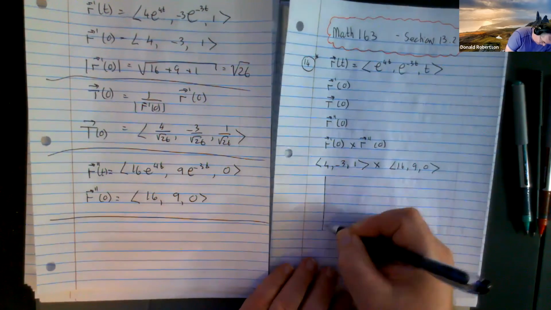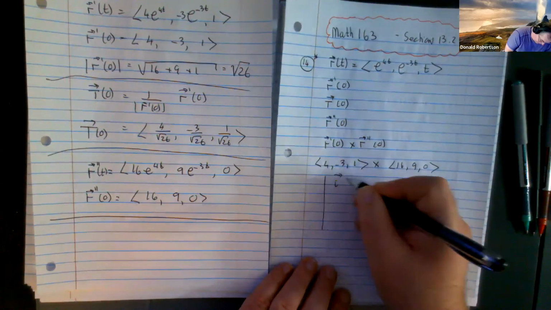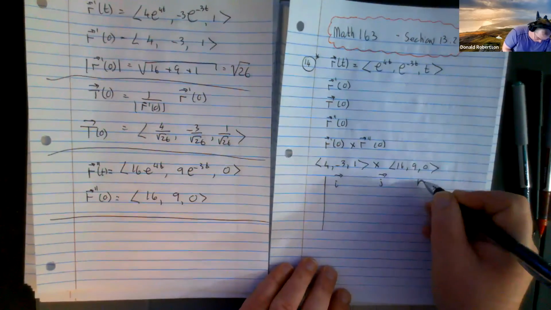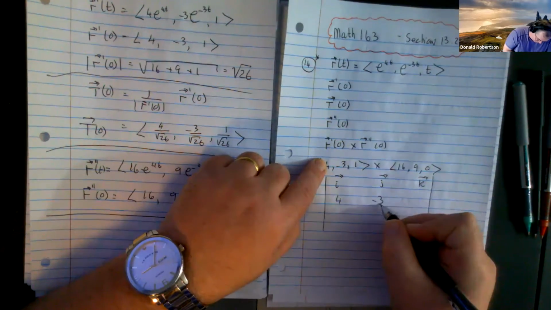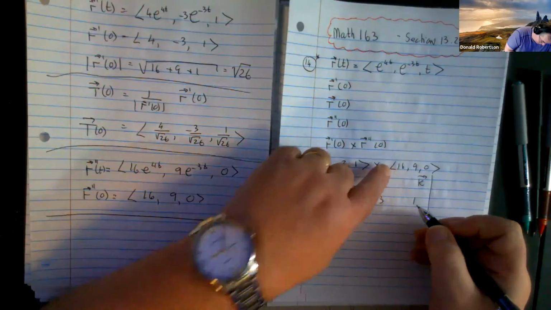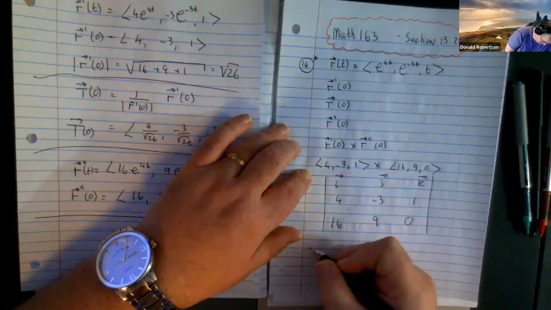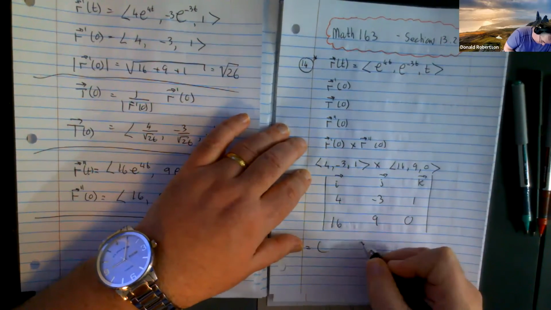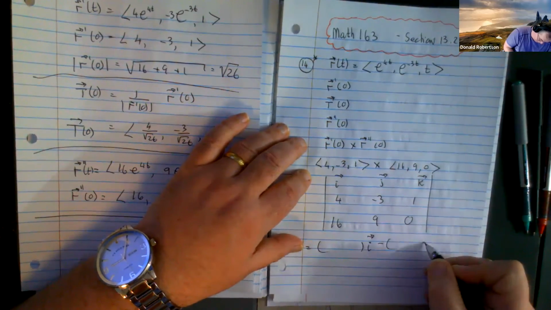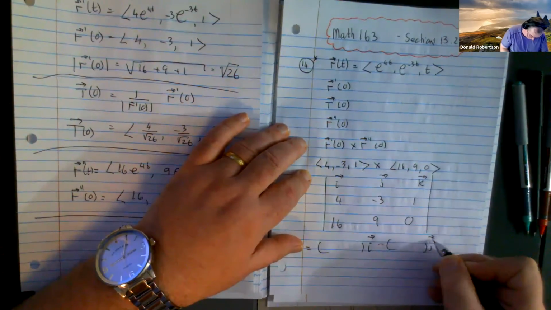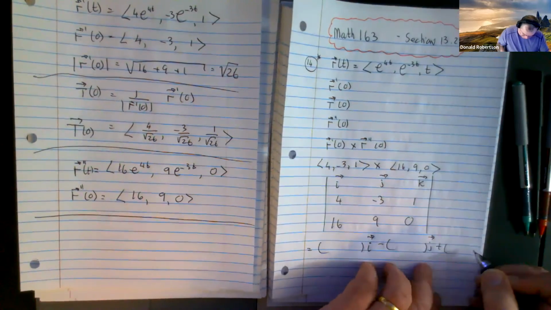So it's i, j, k, 4, negative 3, 1, 16, 9, 0. And the answer is going to be so many i's, take away so many j's, plus so many k's.